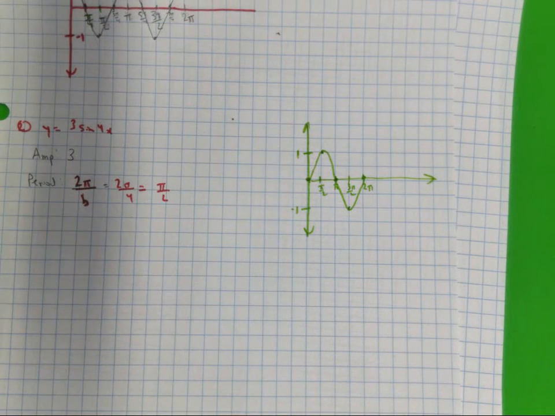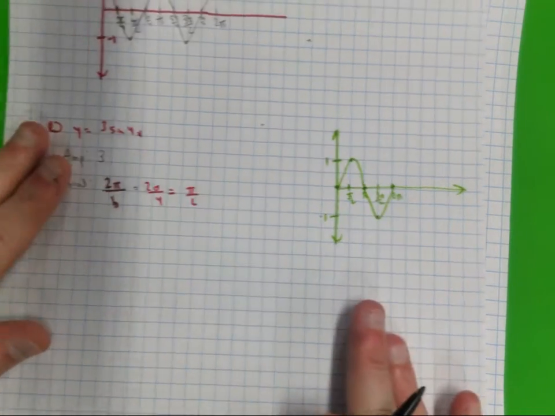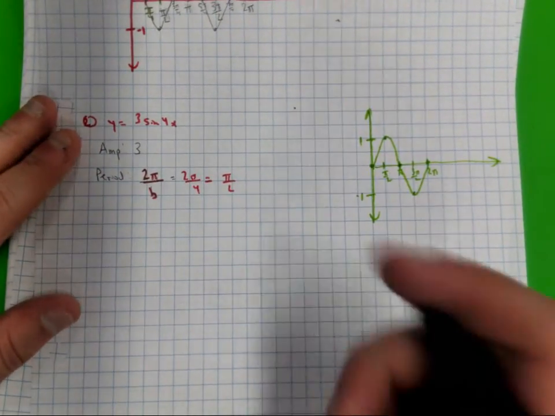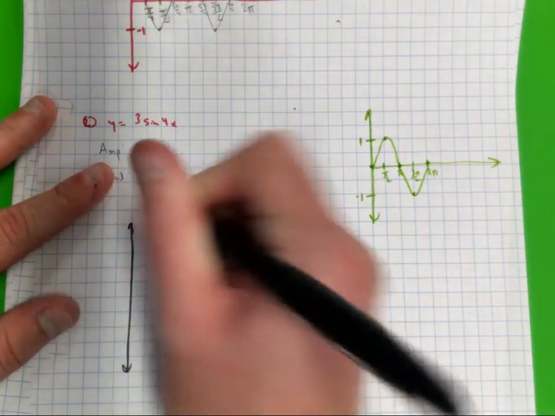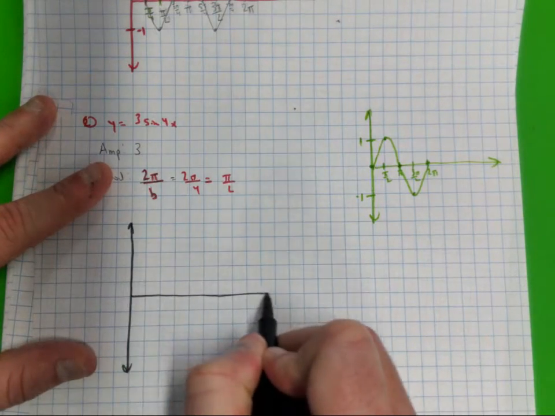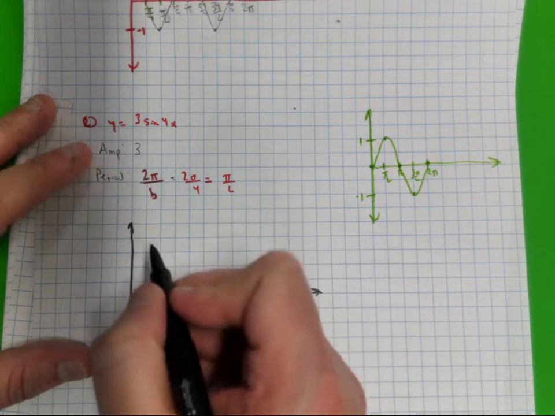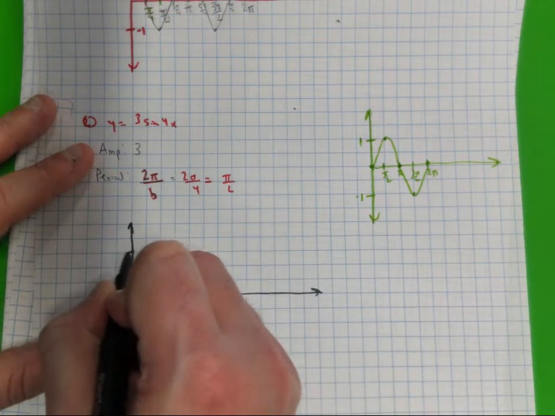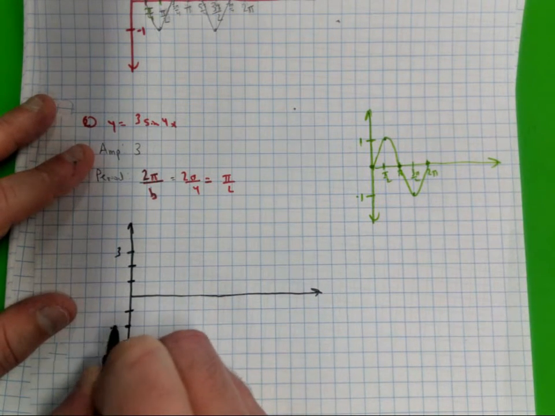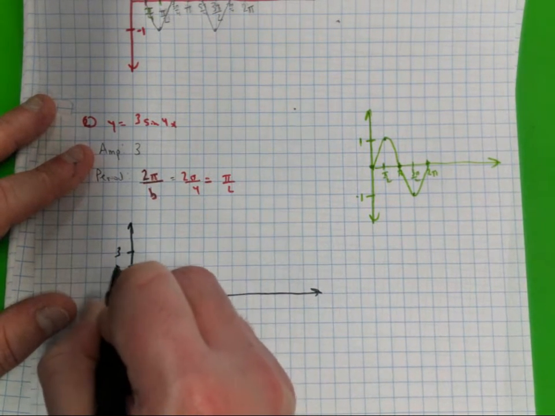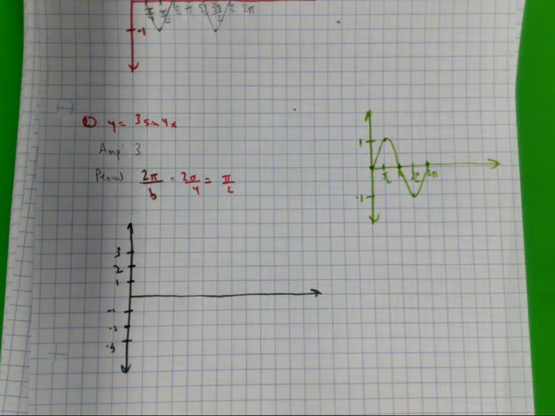Now, we want to graph this. Amplitude is 3. So I'm going to go up to 3 on my y-axis and down to -3. Now I told you to find your x values.